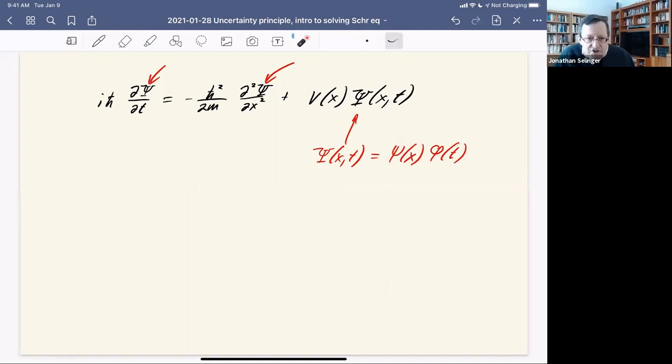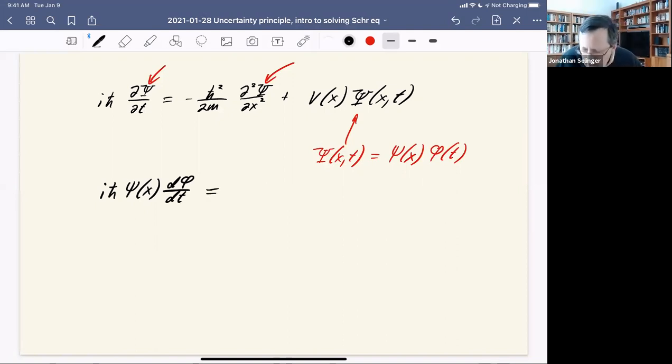It's a constant that factors out of the partial derivative. So we just get i h bar times this lowercase psi of x times the derivative of phi with respect to time.